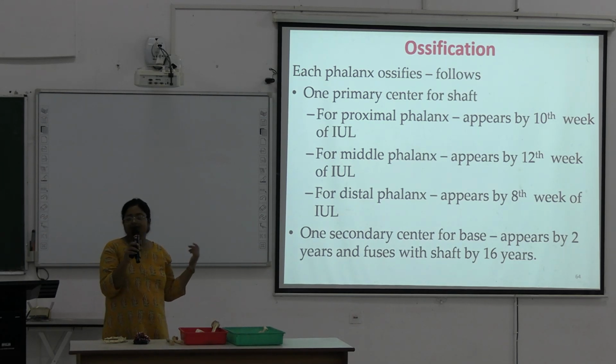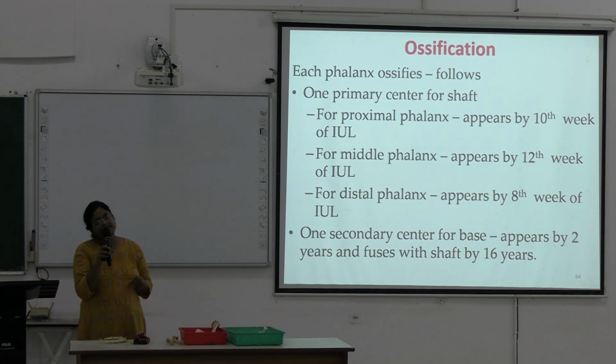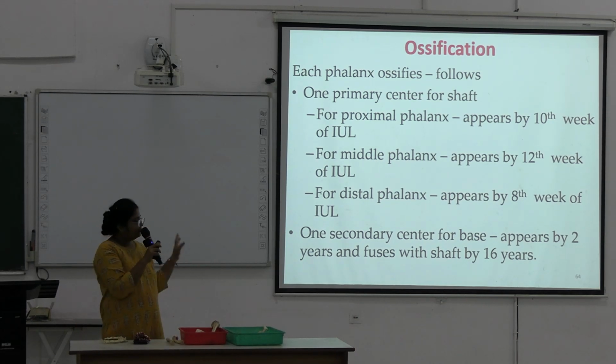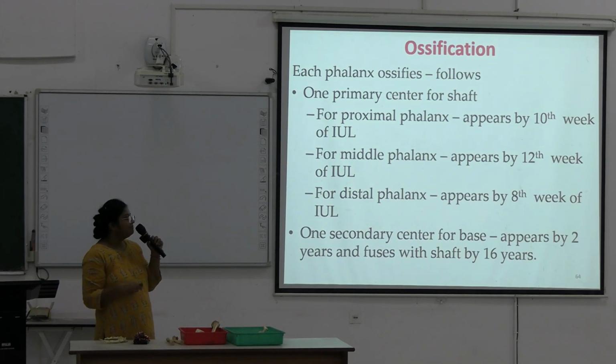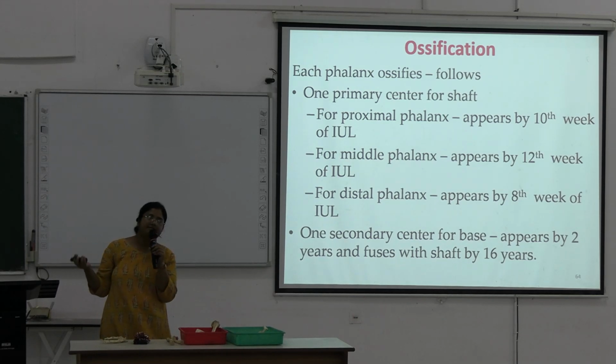But the secondary center for the metacarpals is located at their heads. This is the common feature, but for the first metacarpal, the secondary center appears near the base, like these phalanges. That's why the first metacarpal is called a modified phalanx.